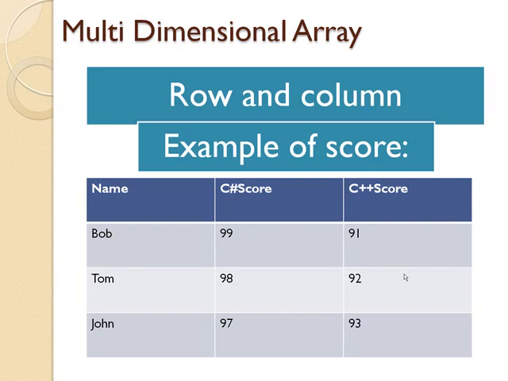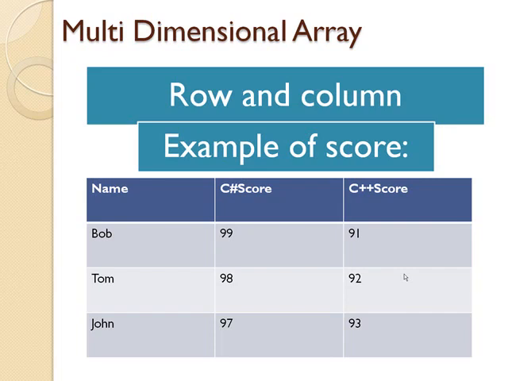And then when it's done with all the columns, the outside for loop will go to first row, then the inside loop will go 0 column, 1 column, 2 column. Then the outside for loop will go to second row, and the inside for loop will go 0 column, 1 column, like that. So that means we cannot access all the elements in a two-dimensional array using just one for loop.